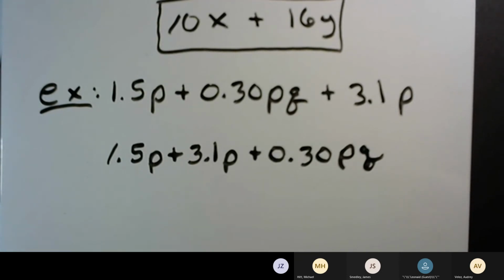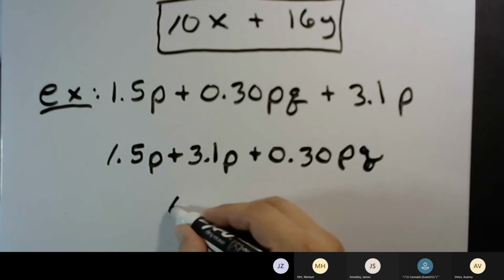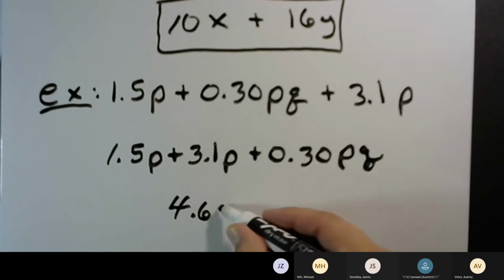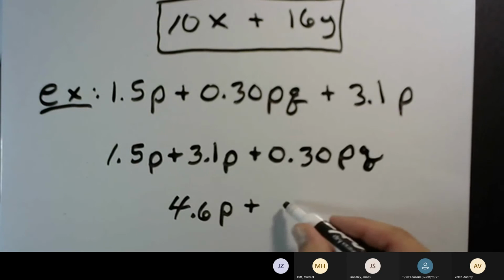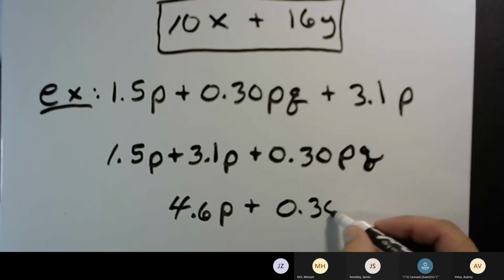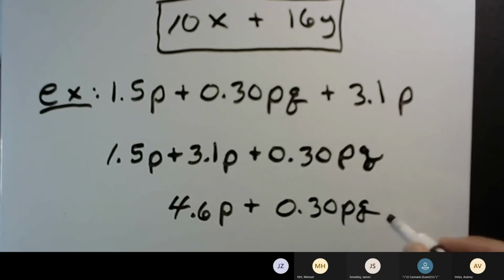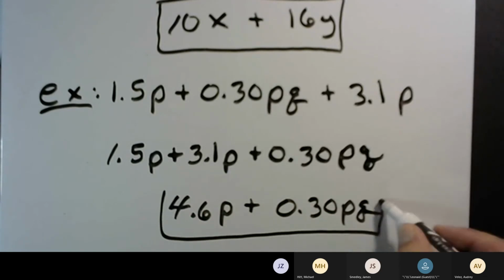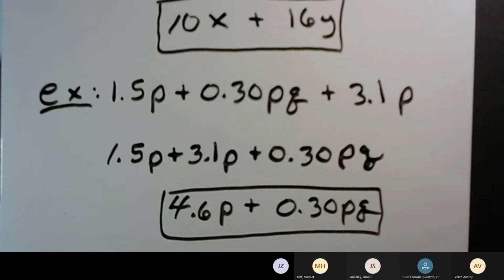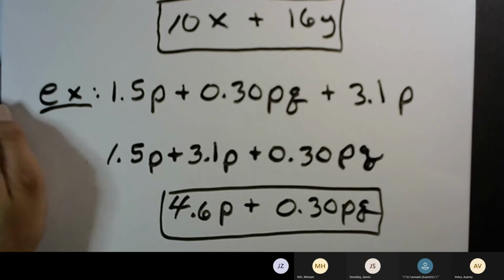If you add 1.5 and 3.1, you'll get 4.6p plus 0.30 p times q. And that's going to be your answer. Now, questions about that? So that's the idea of combining like terms.